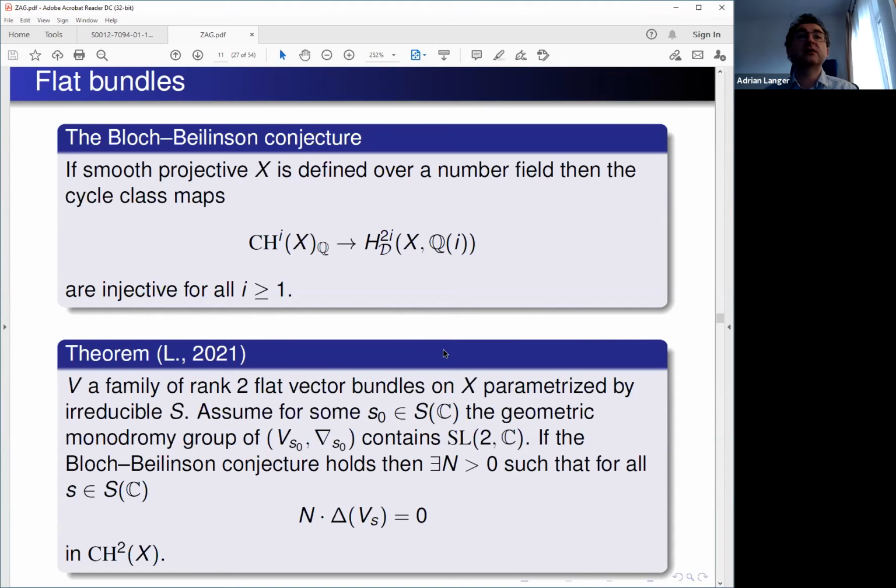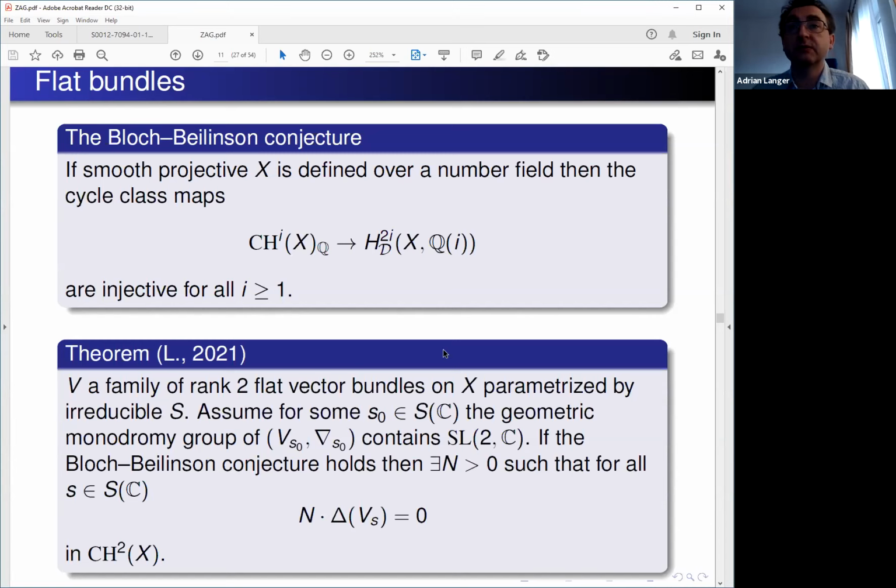So what is the geometric monodromy group of a flat vector bundle? We simply look at the associated topological monodromy, which is a representation of the topological fundamental group in GL2C, and we take the Zariski closure of the image of this one.